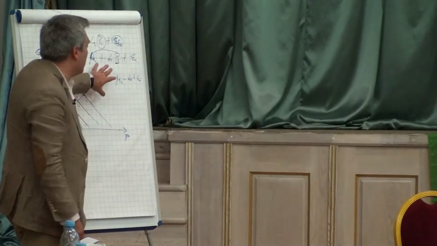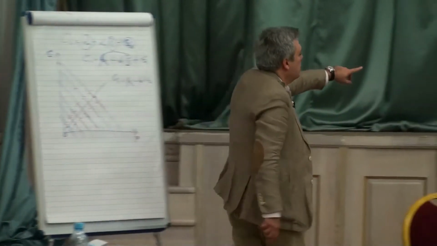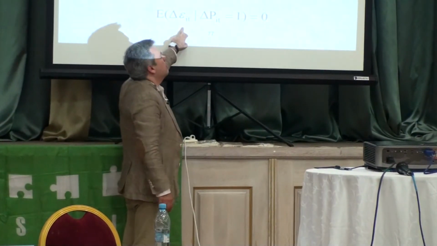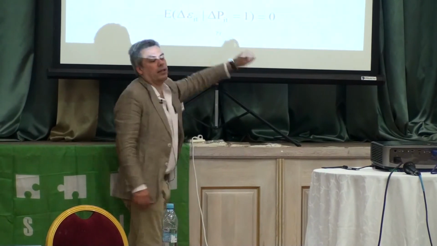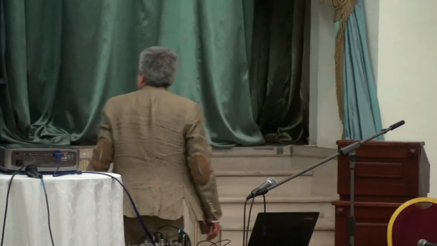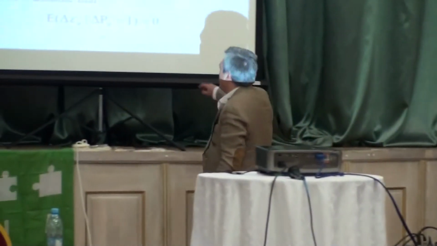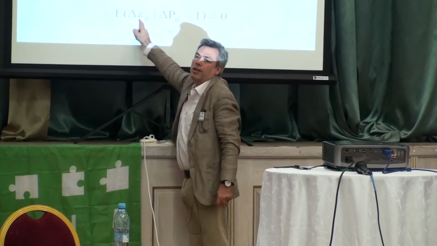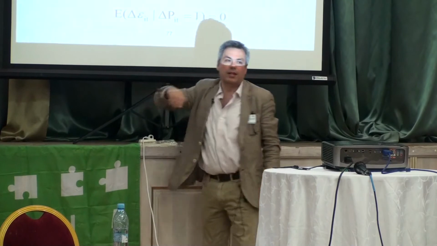You still need to satisfy this condition, which is called strict exogeneity. Essentially, it requires that your causing variable P is uncorrelated with all the values of the error term.